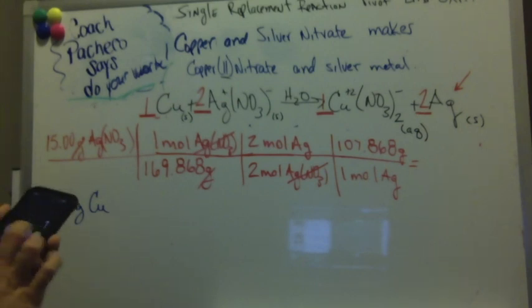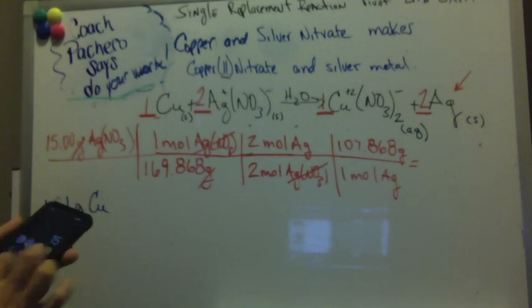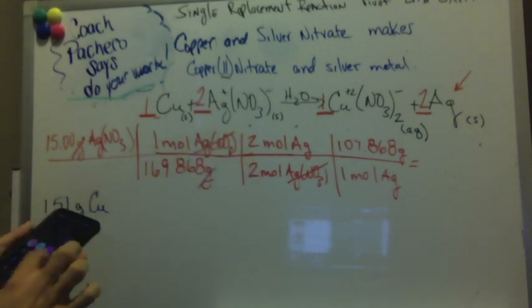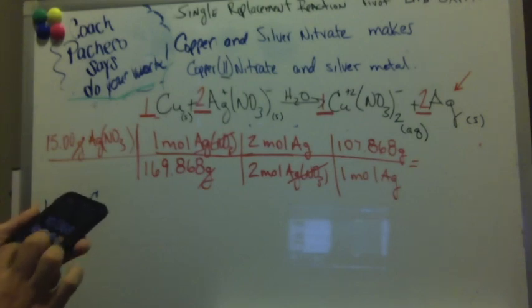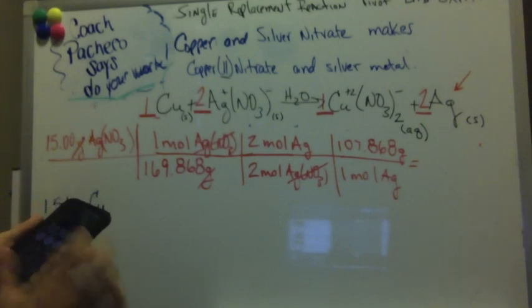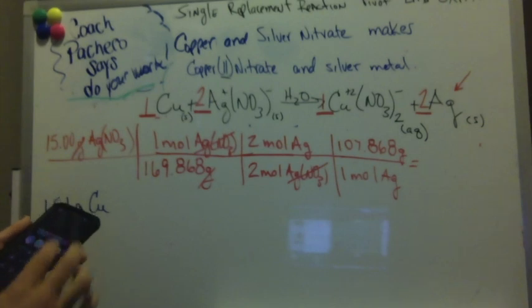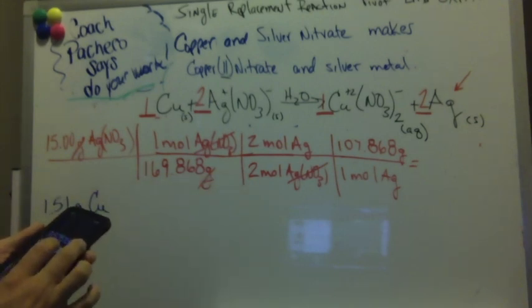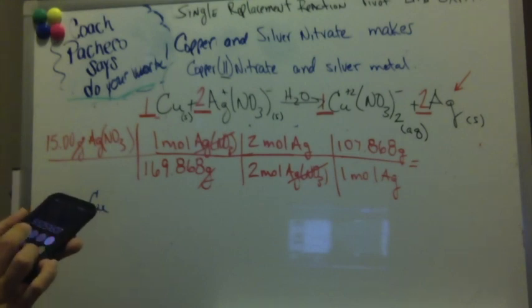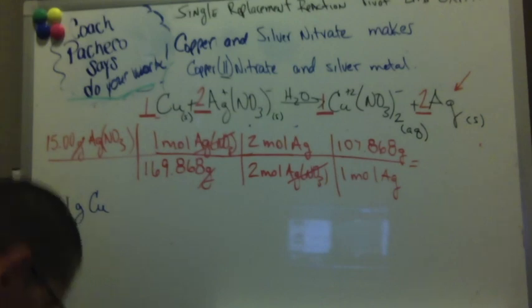So what I have is 15 times 1 times 2 times 107.868, divided by 169.868, divided by 2, divided by 1, and that gives us an answer of about 9.52.